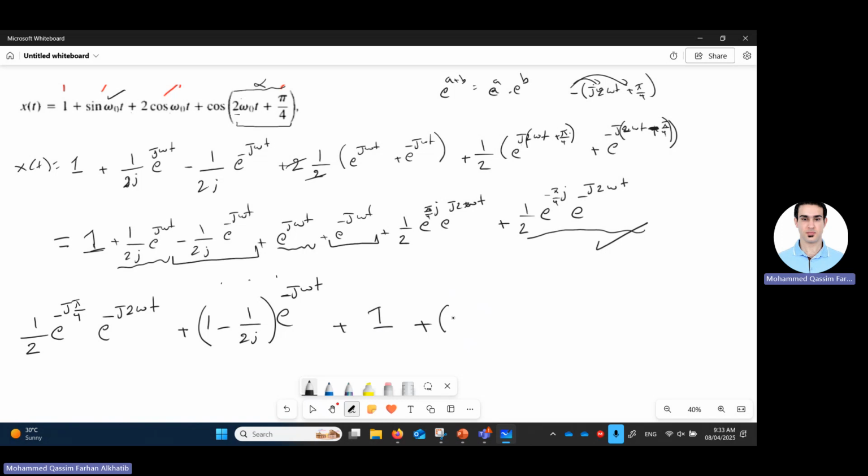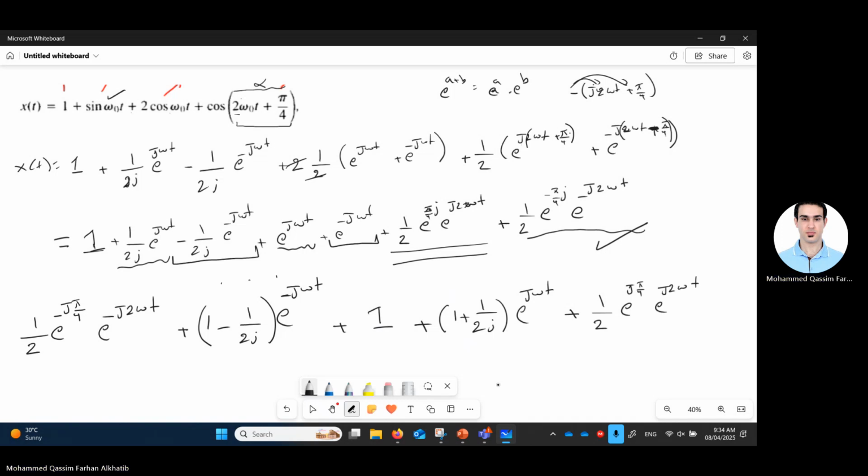So I'll have 1 plus 1 over 2j e to the power j omega t. And the last coefficient will be this term here, plus 1 over 2 e to the power j pi over 4 e to the power j 2 omega t.